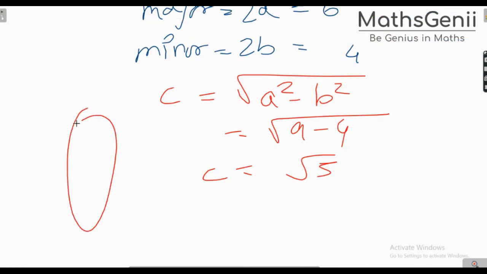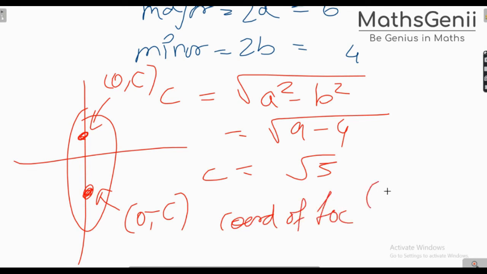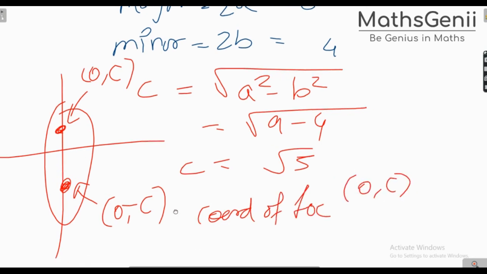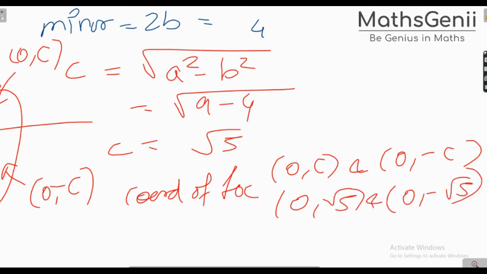Why? That also I had told you. The foci will be somewhere here, and this does not have an x coordinate at all, so the x coordinate will be 0. This is above, positive, so plus c. This is negative y, so minus c. So the coordinates of foci will be (0, root 5) and (0, -root 5).